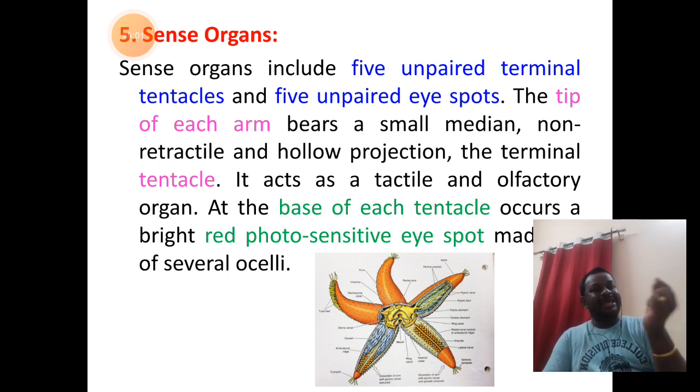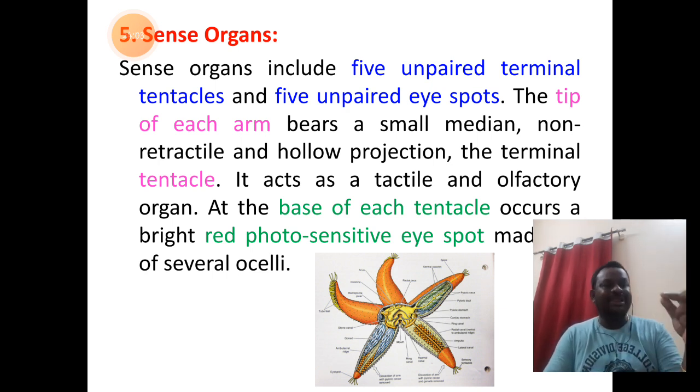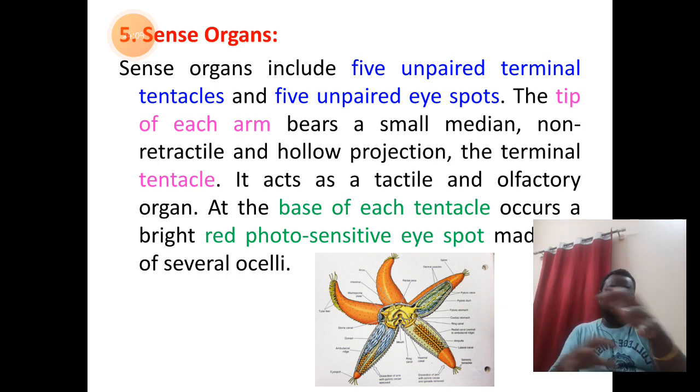The tip of each arm bears small, median, non-retractile, meaning they cannot contract and relax, hollow projections at the terminal region called tentacles. They are the sensory organs for touch as well as olfaction, that is smell.